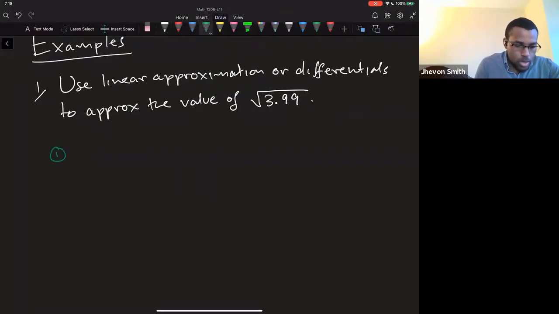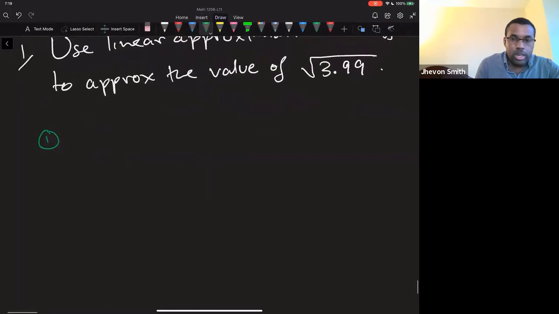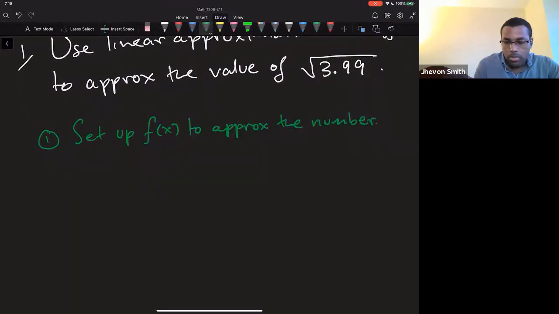So when you want to do something like this, step one, we want to be able to use this theory. So what we're going to do is set up a function. So you're going to set up your function, f of x. I want to use this function to approximate the square root of 3.99.